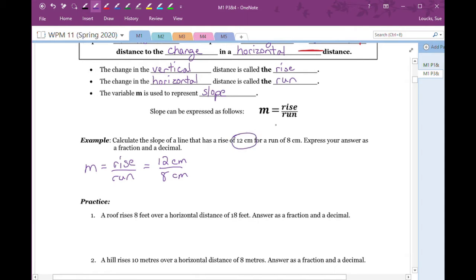It's really important that these are the same units. Those always have to be the same units. And then we reduce our fraction. 12 over 8 reduces to 3 over 2. And we can write it as a decimal as 1.5, which is 3 divided by 2 if you need to use your calculator for that. So there's our answer. Okay.